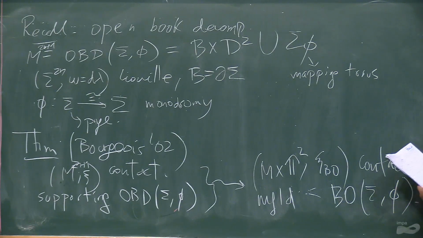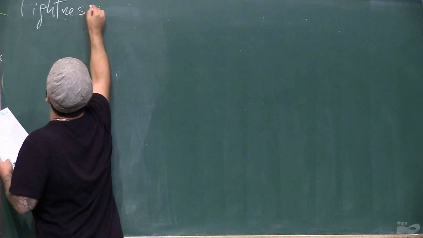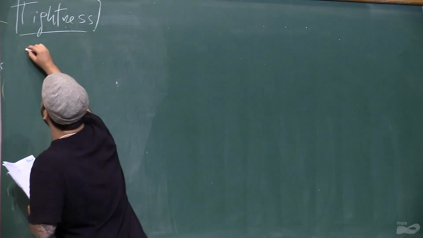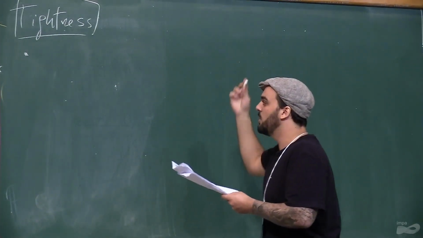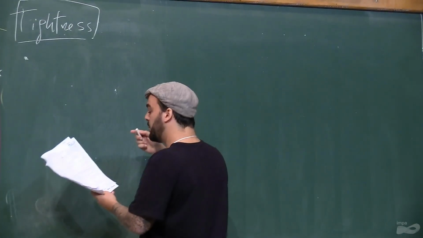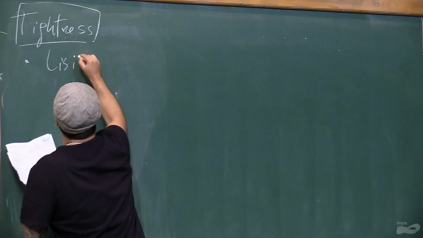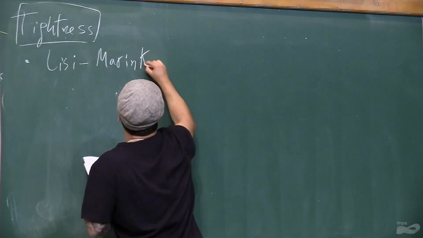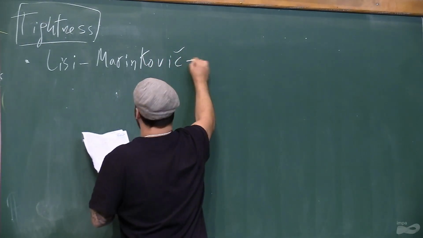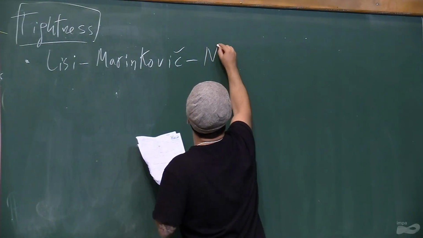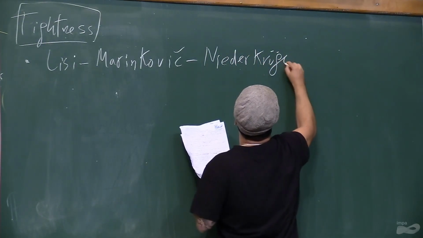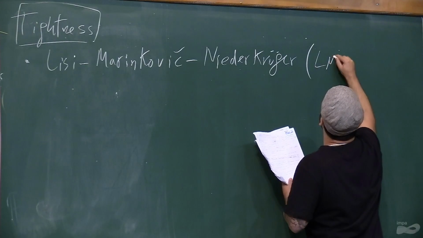So this is the first result, tightness. And let me mention, before I state the theorem, some work done by other people. There's a result by Lisi, Marinković, and Klaus Niederkrüger, so this is LMN.